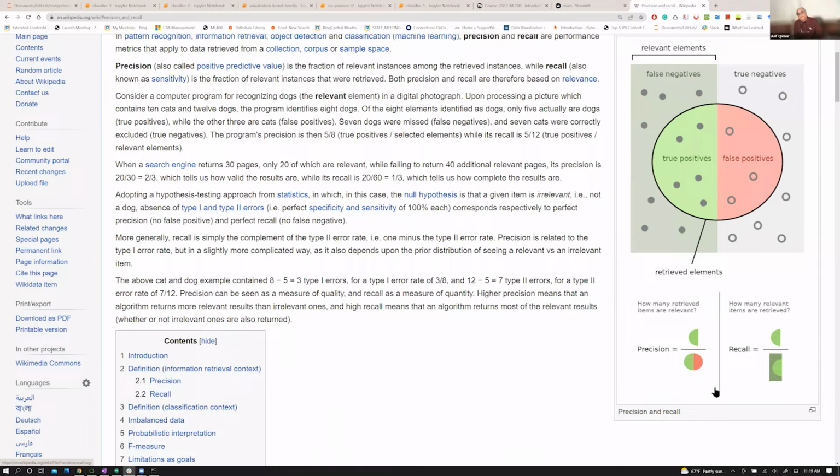Because 3 out of 10 it got. On the other hand, let's say that it got 3 of those positives, but it also marked 4 of the negatives as positives, isn't it? So what would the precision be? 3 by 7, exactly. So it also had a lot of false positives.